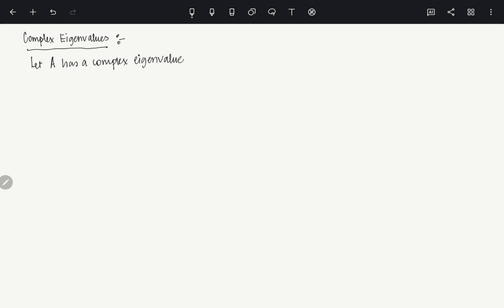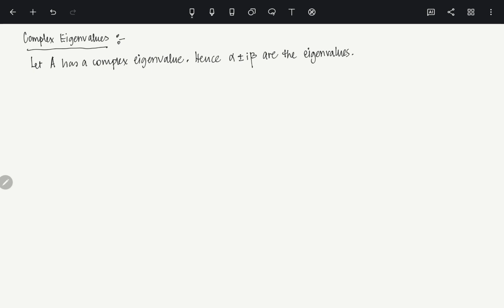We know that if alpha plus i beta is an eigenvalue, of course alpha minus i beta is also going to be an eigenvalue. So alpha plus or minus i beta are the eigenvalues. Okay, clear? So that is always there.